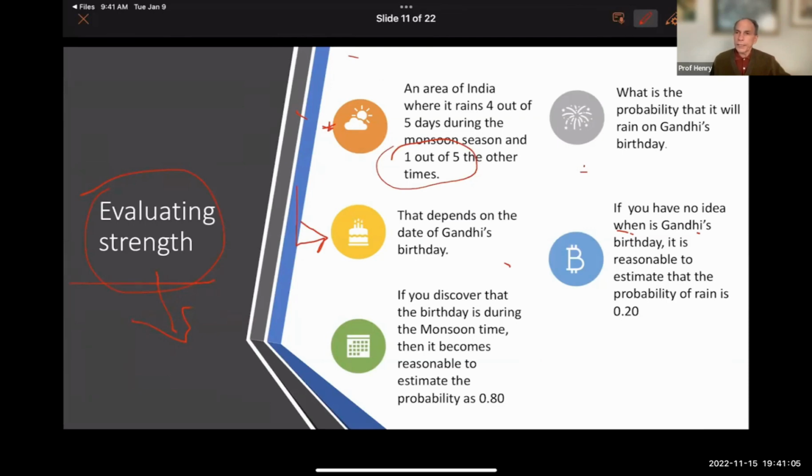Oh, I just know that. Or if the person says it rains 4 out of 5 times during the monsoon and 1 out of 5 the other times, and it's not Gandhi's birthday, it's only 20%. So I can't say it will most likely rain today based on the premises that you have.